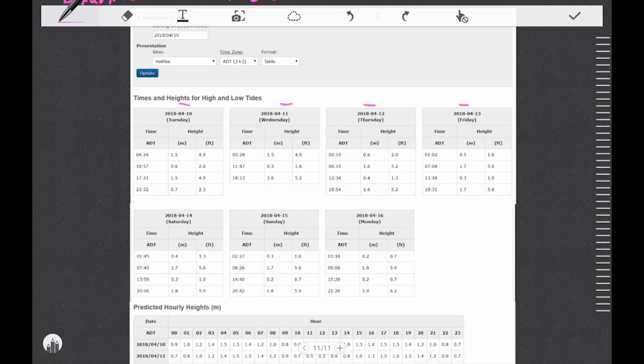So to read this, at 4:24 local time, that's 4 in the morning, we would have a high tide that's 1.5 meters above chart datum. At 10:57 local time, which is 10:57 in the morning, we would have a low tide that is 0.6 meters above chart datum.